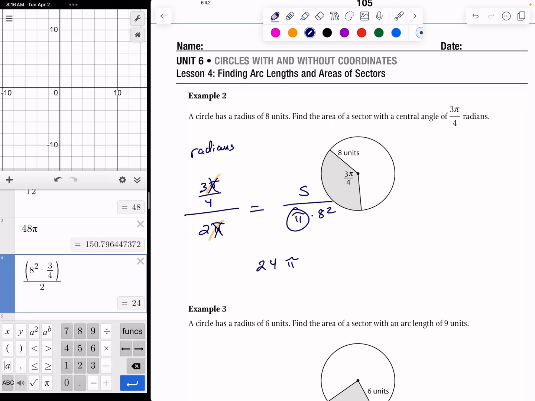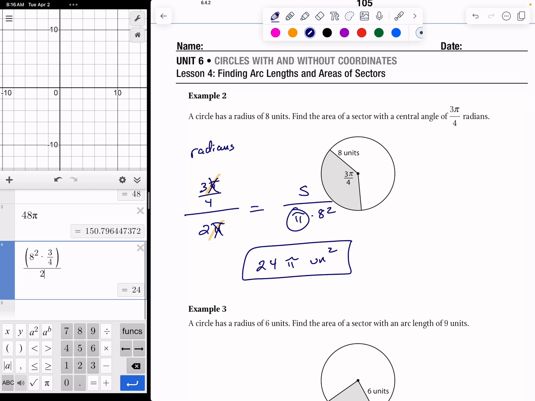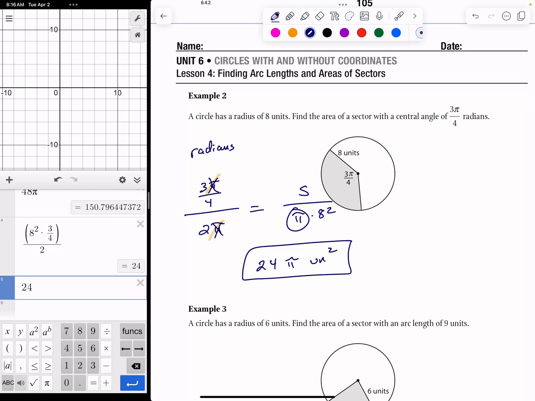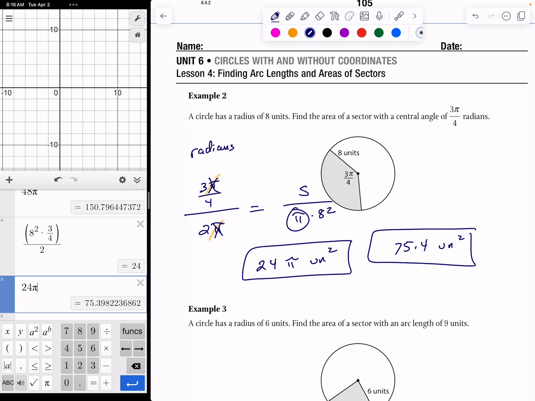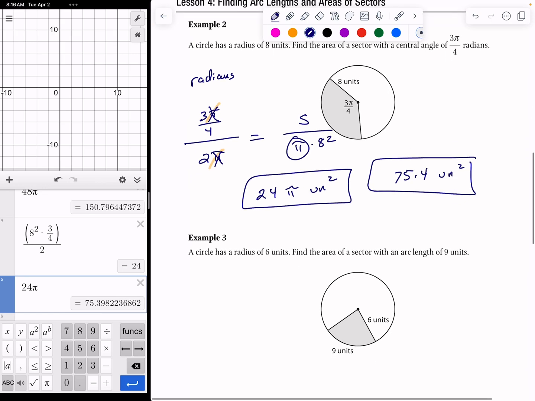That gives 24 pi units squared. If you want a decimal, 24 pi is 75.4 units squared. So leaving it in terms of pi just means you don't put pi in the calculator, and then you add pi to the answer.